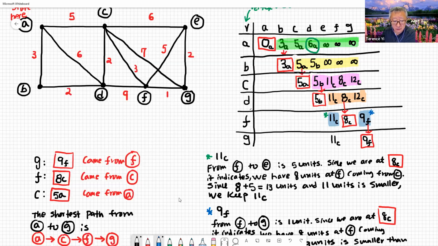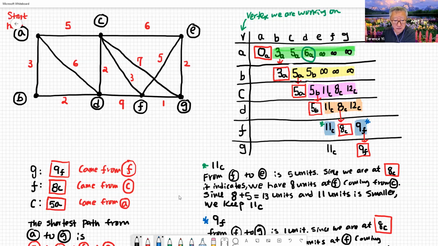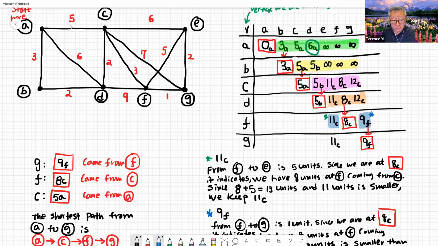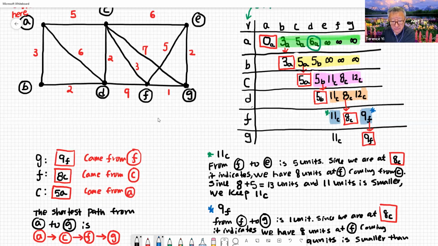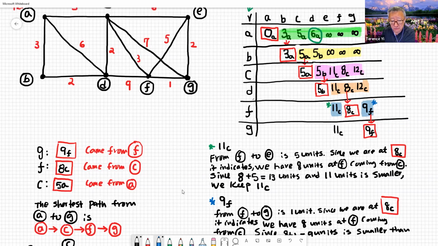Now remember that we are at 8C. So we are sitting on 8C over here, 5 plus 3, right? And we have 8 units at F coming from C. And we have 8 plus 1.